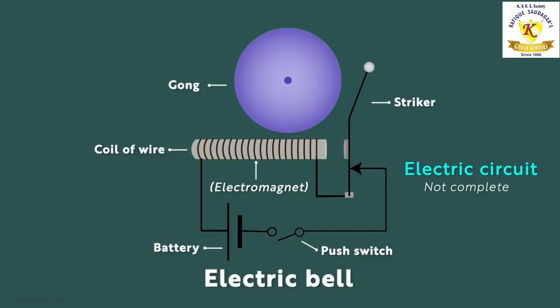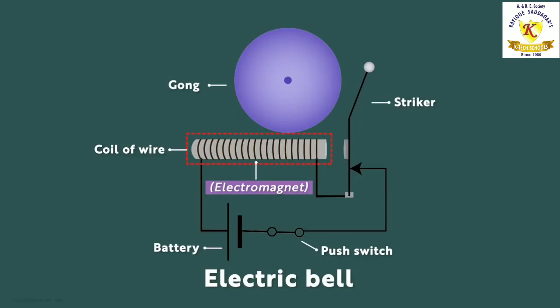When we push the button, the circuit gets completed and the current flows from the positive terminal to the negative terminal. But when the current flows through the coil, it becomes an electromagnet.